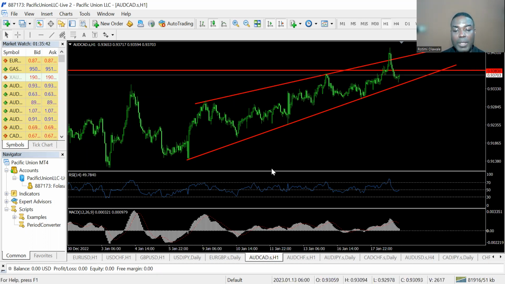Here we expect price might retrace to hit the resistance again and break out downwards. And if that happens, then this actually is a head and shoulders and a breakout. So either way, we are bearish biased on AUDCAD.